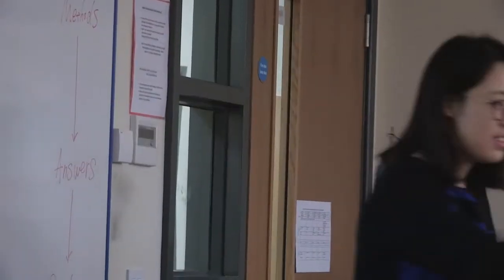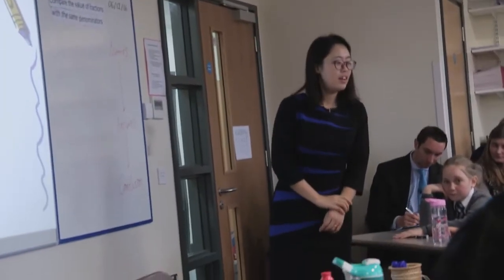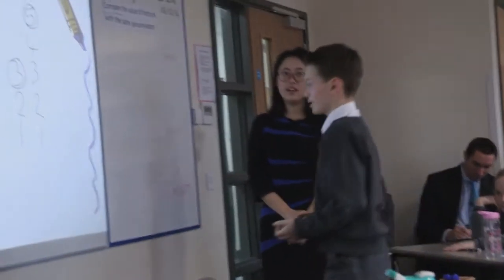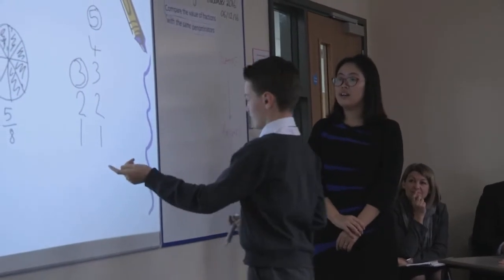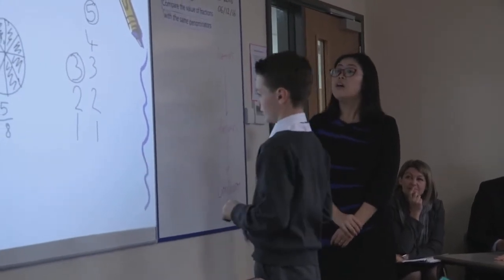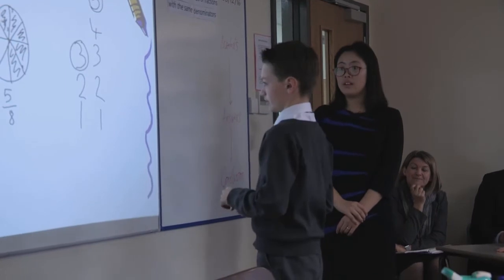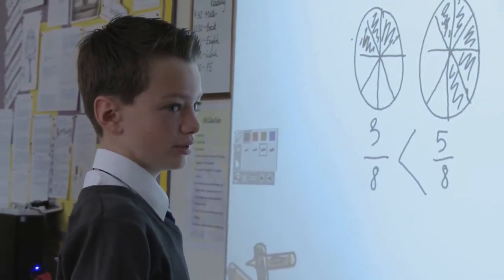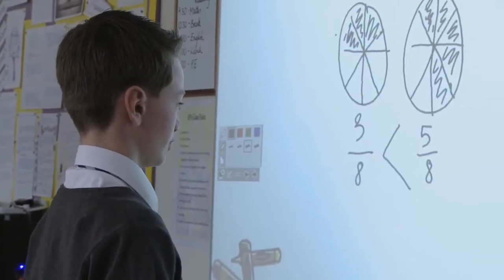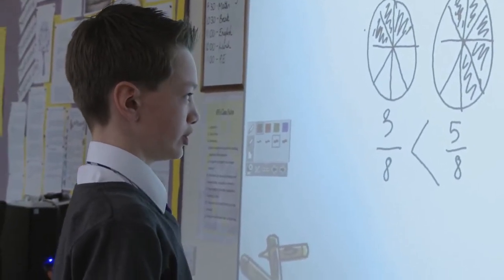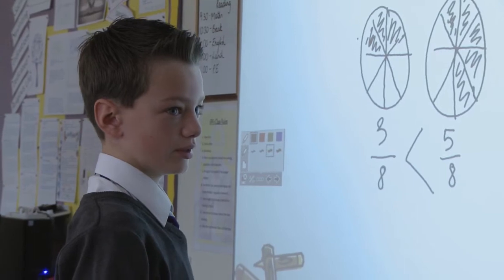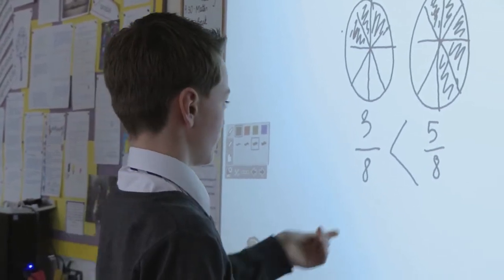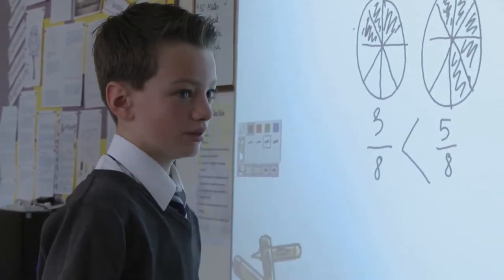Any other way? 5/8 must be bigger because they both have the same denominators. Which means whichever numerator is higher will be the bigger fraction. But if they had different denominators, it would change how big they were. And so that means 5/8 is bigger.